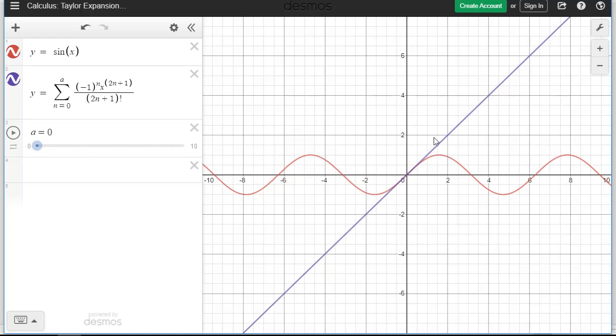Notice this is the line y equals x, and then this is my sine function. So sine of x is approximated by x when x is small. It looks like almost negative 1 radian to 1 radian. Sine x is approximated by x pretty well, actually.